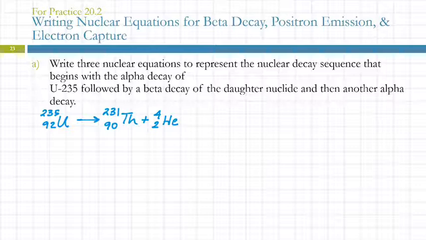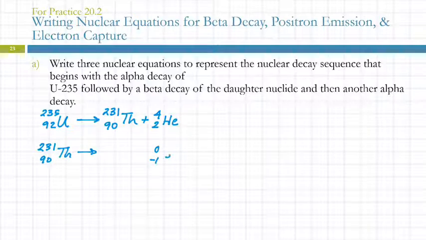And then it says, followed by a beta decay of the daughter nuclide. So this is the daughter nuclide of the first one. So we're going to take this, and we're told that it undergoes beta decay. So that's the emission of an electron.